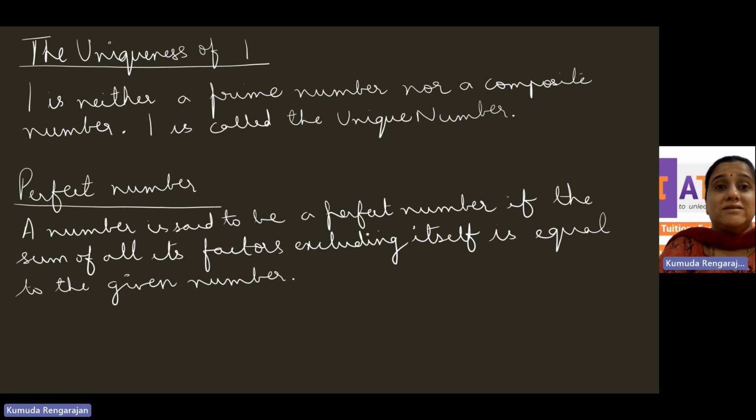A number is said to be a perfect number if the sum of all its factors, excluding itself, is equal to the given number. Not including. Including means you count that number. If you don't include that, it's excluding.